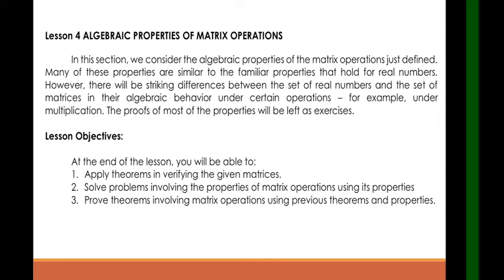Many of these properties are similar to the familiar properties that hold for real numbers. However, there will be striking differences between the set of real numbers and the set of matrices in their algebraic behavior under certain operations, for example, under multiplication. The proof of most of the properties will be left as exercises.